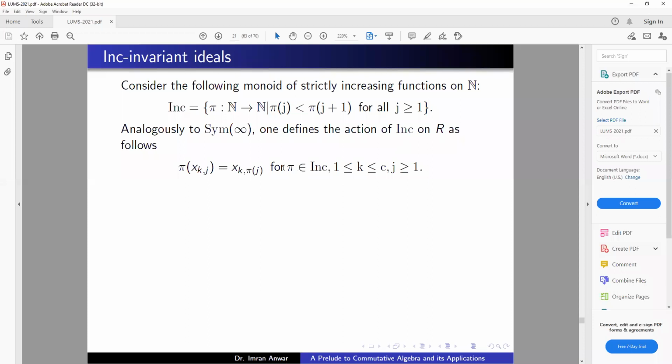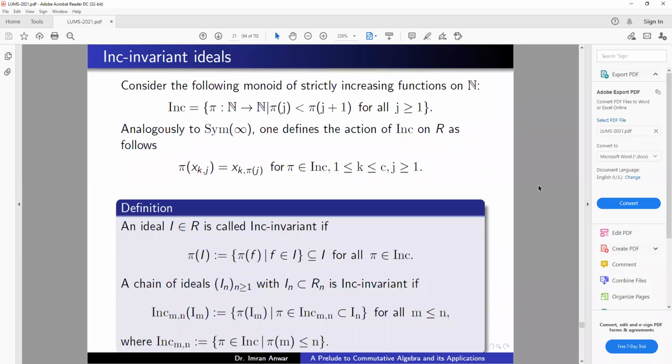But this time pi is not coming from Sym infinity; it is coming from the Inc operator, the strictly increasing operator. And there is an equivalent definition of an invariant ideal. The definition is the same: pi of f should be inside I for all f in I.